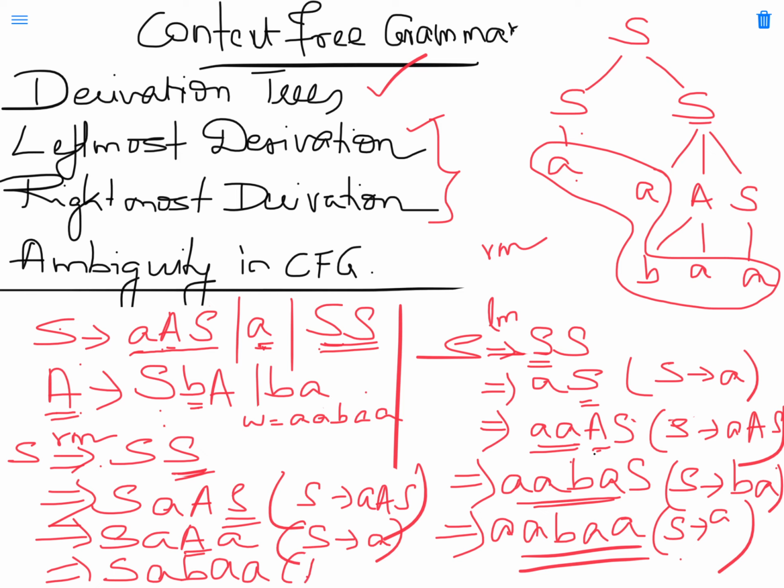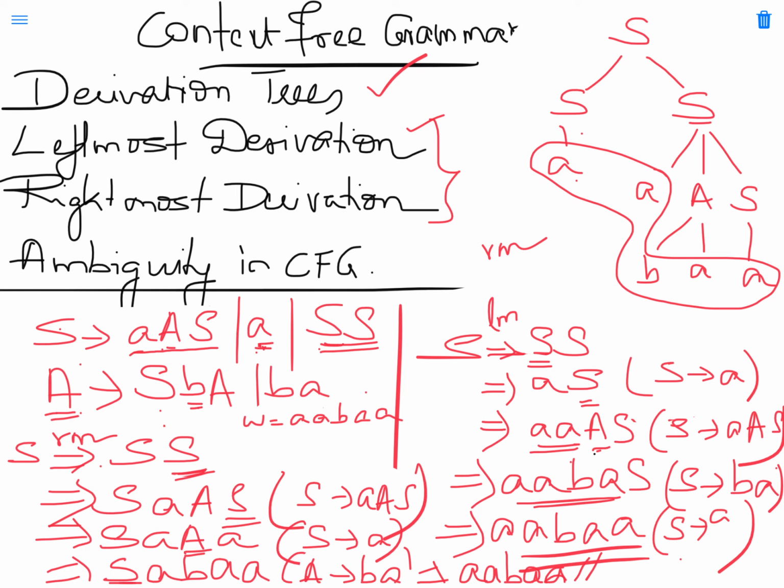So A is replaced with what? BA. And finally, this S, the leftmost S, can be replaced with A. So which will result in what? ABA.